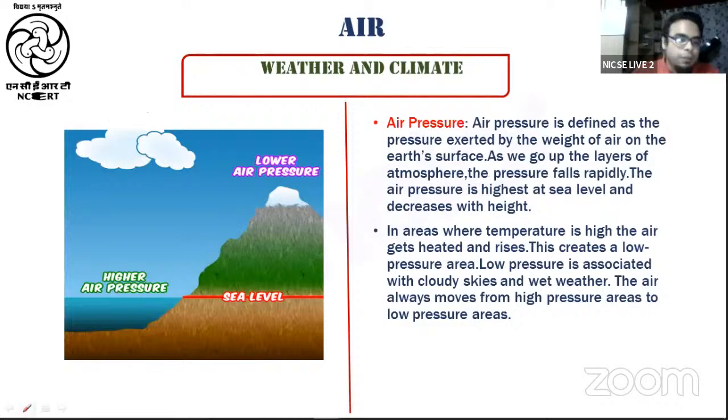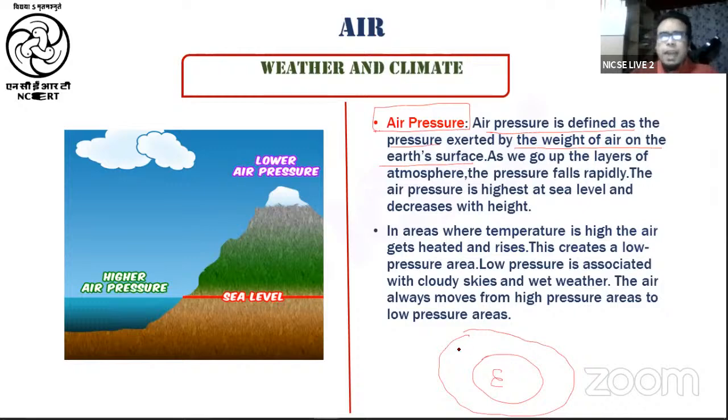Then the next concept that we have is your air pressure. Fine. Now what is air pressure? Air pressure is defined as the pressure which is being exerted by the weight of air on the earth's surface. Now this is the earth, right? Here we have the atmosphere, right? So the atmosphere is made up of what? Different constituents. All these constituents will have mass, and on this mass what will act? Your gravity will act. This is nothing but your weight, right?